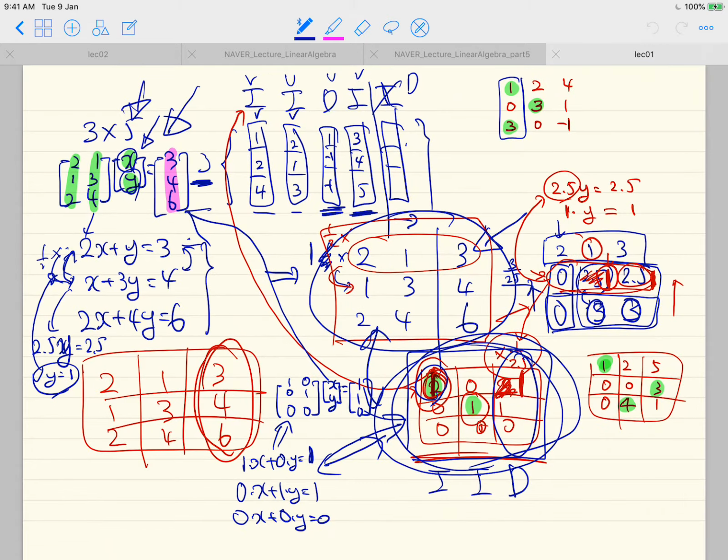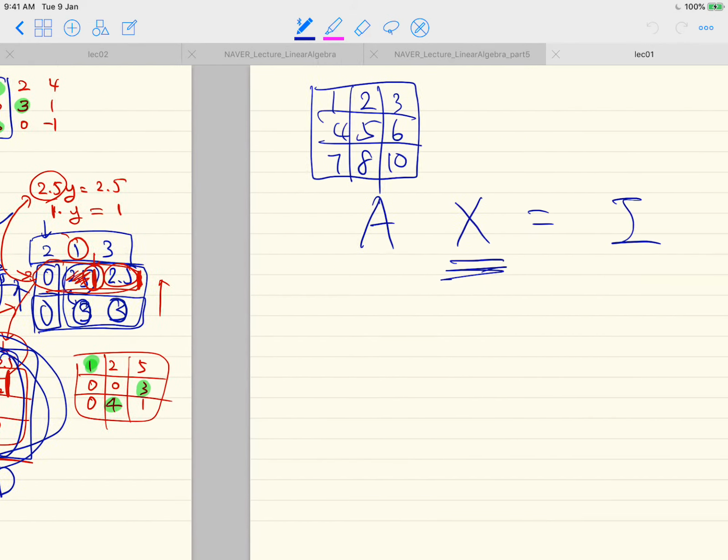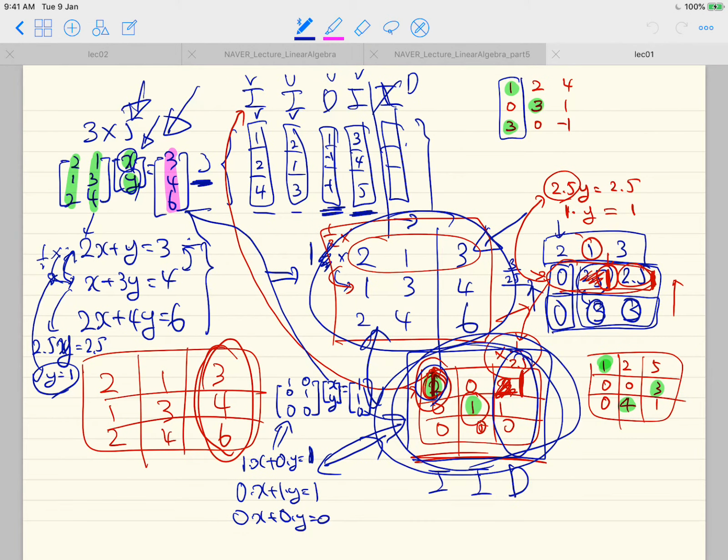And we also just discussed that this entire Gaussian elimination process doesn't change the solution at all, right? Thus the resulting matrix of this Gaussian elimination has the same solution as the original equations.